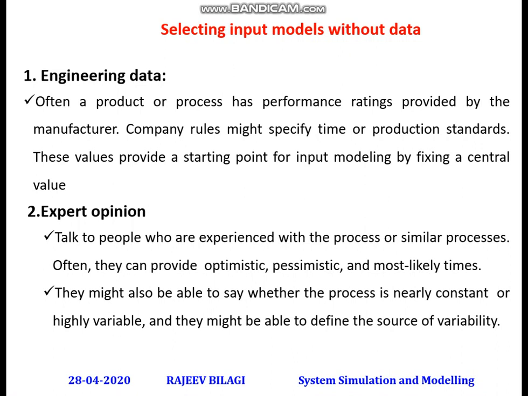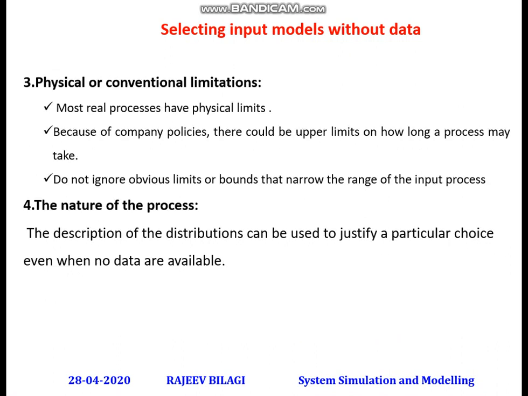They must also be able to say whether the process is nearly constant or highly variable, and they might be able to define the source of variability. So whether the data you are going to use is variable or constant, they will also tell. The third method is physical or conventional limitations.